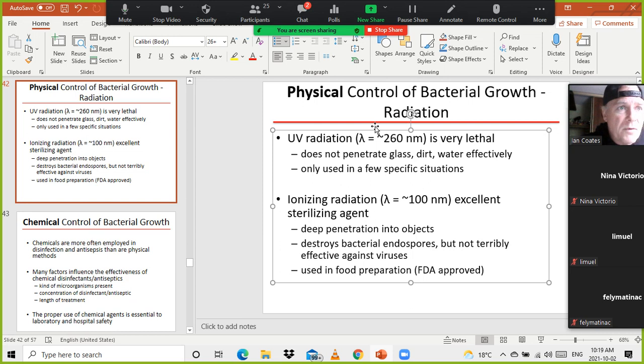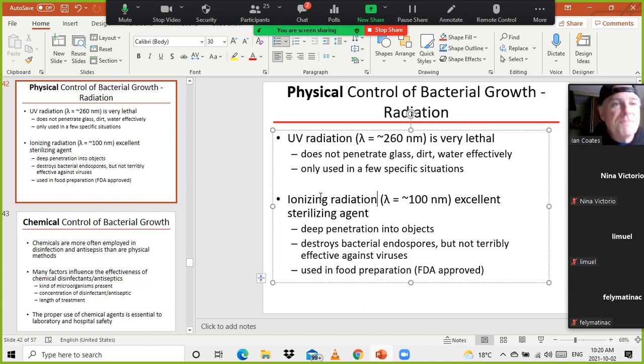Ionizing radiation has a wavelength of about 100 nanometers, so it's about half as small as this one. It's an excellent sterilizing agent, with deep penetration into objects. It destroys bacteria and endospores, but is not terribly effective against viruses.